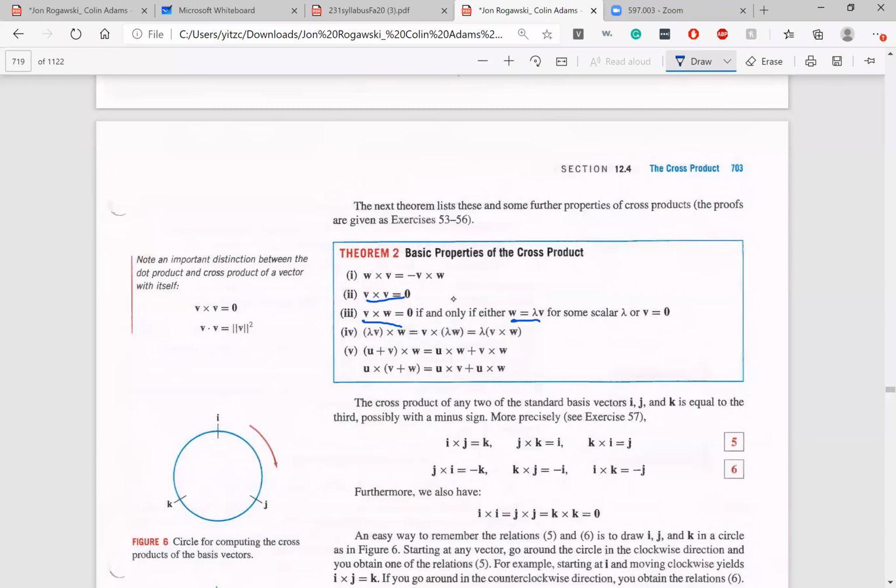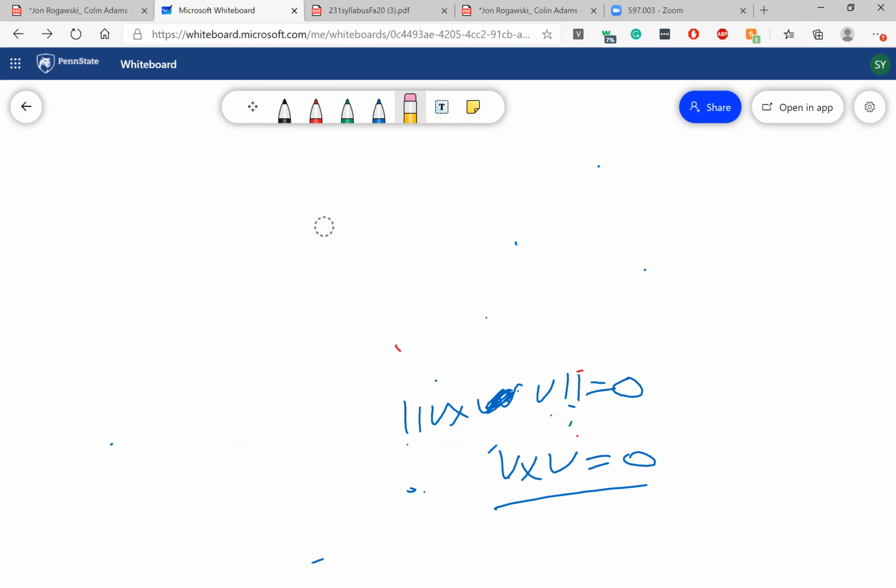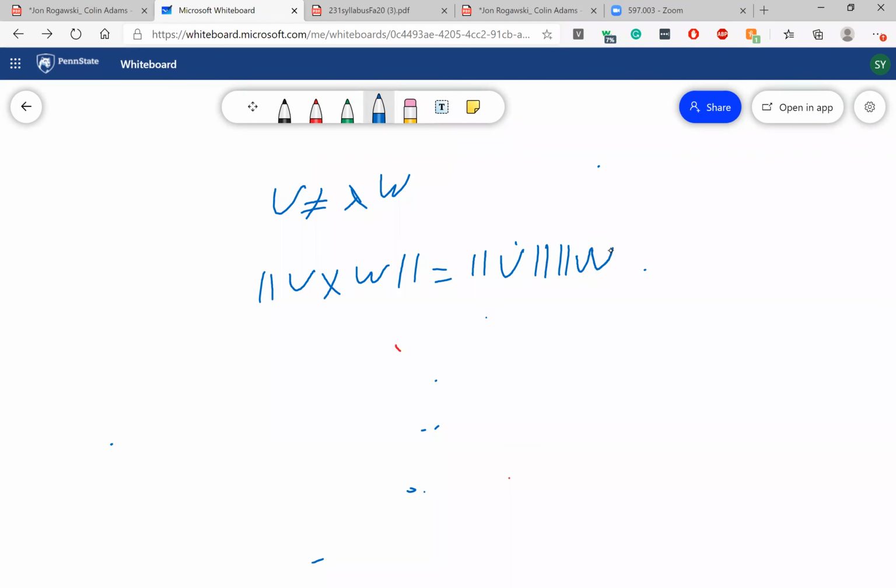And in order to show that this is an only if, let's imagine that V does not equal lambda W. Then again, the magnitude of V cross W is going to be equal to the magnitude of V times the magnitude of W times the sine of the angle between them.